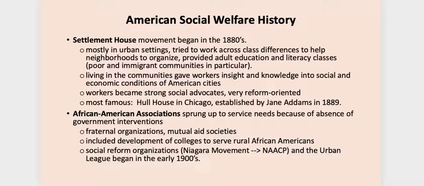And interestingly, there was also the organization of colleges, especially for rural African Americans, that continue to exist today, Morehouse College being one such example. Social reform organizations such as the Niagara Movement evolved into modern-day organizations like the National Association for the Advancement of Colored People, the NAACP.